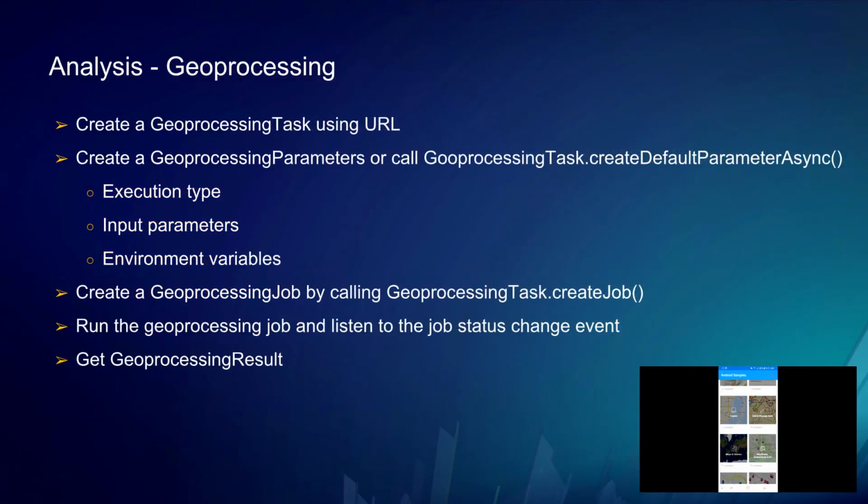The common workflow is to create a geoprocessing task using your geoprocessing web service URL, then specify the parameters, create a job from the task, execute the job, and get a result from the task.